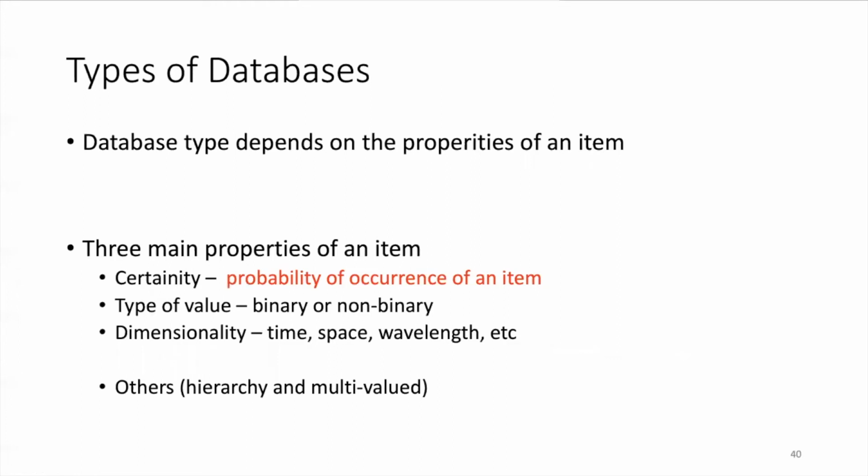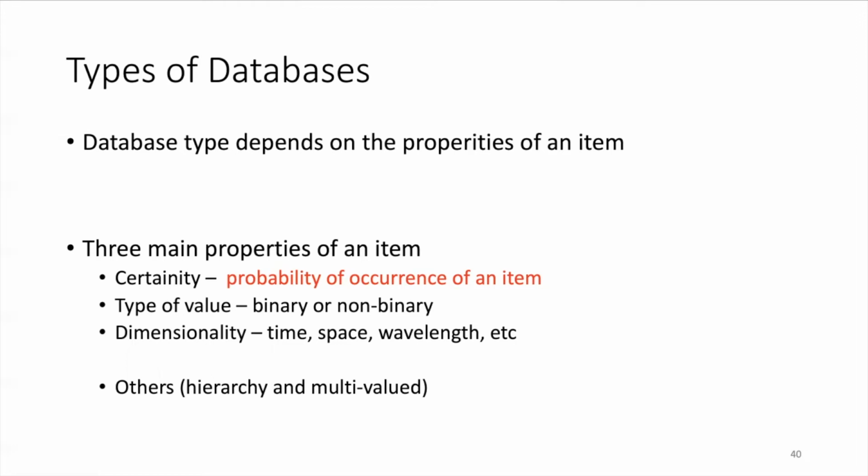When we look at the datasets, the type of a dataset or a database depends on the properties of its items. So the three main properties of an item are certainty, that is the probability of occurrence of an item.